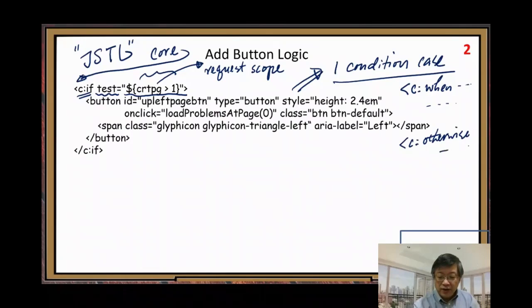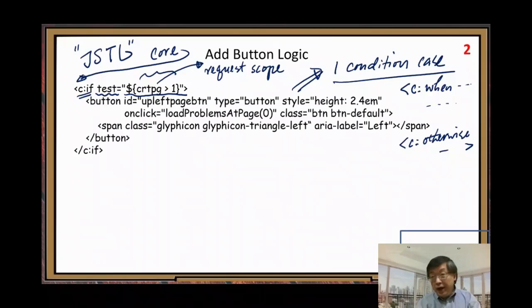Then that's the last case, the tag. All right? Here I just let you know the special property for this JSTL package. All right, so that's the previous button version.